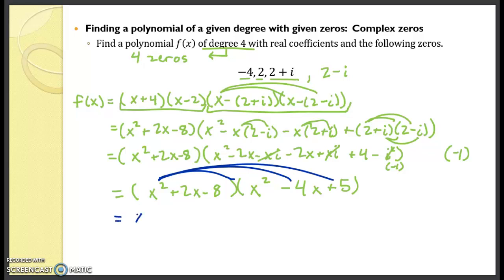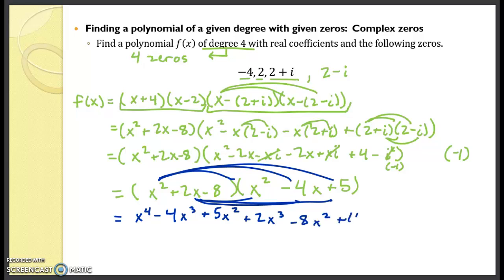and we'll end up getting x to the 4th minus 4x cubed plus 5x squared. And then we need to multiply the 2x by each of these parts. So this ends up being plus 2x cubed minus 8x squared plus 10x.